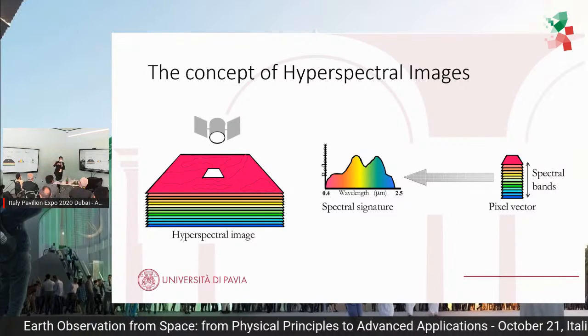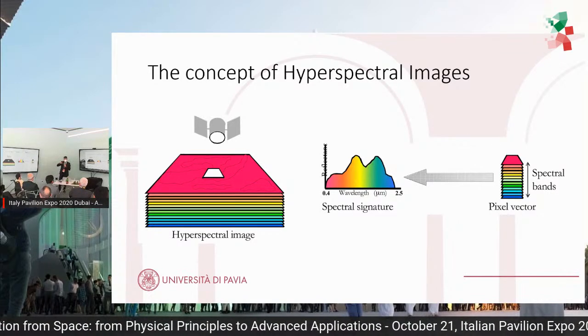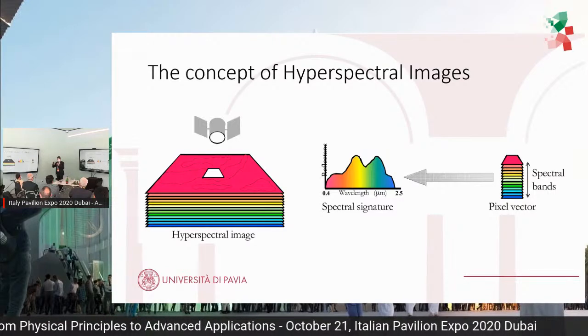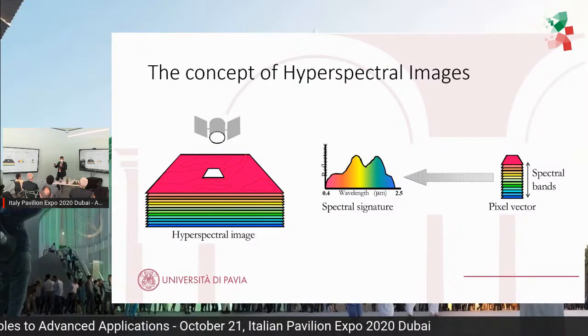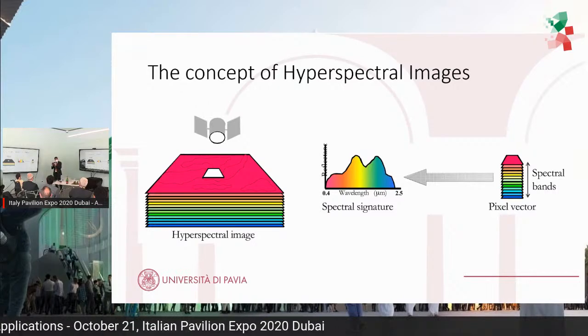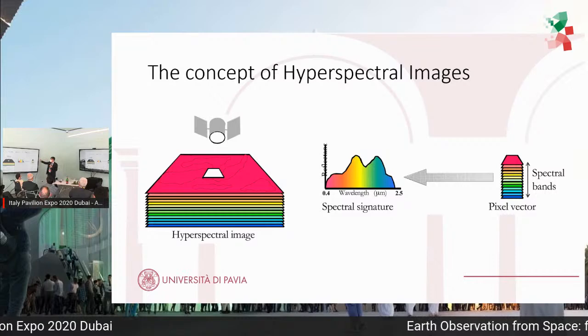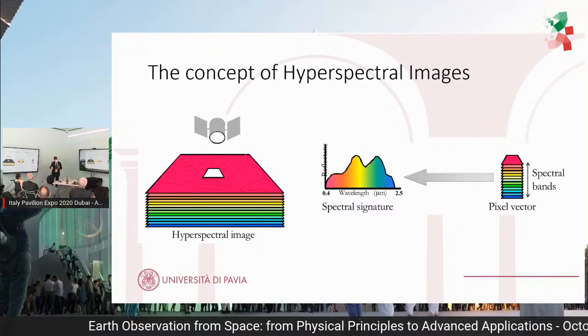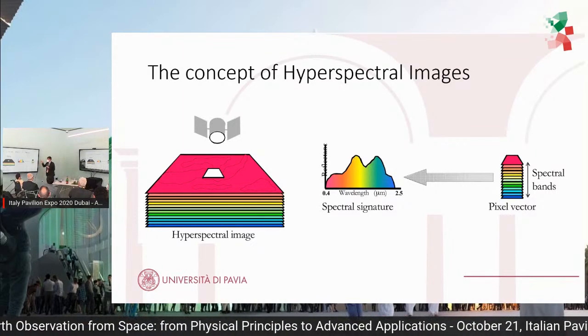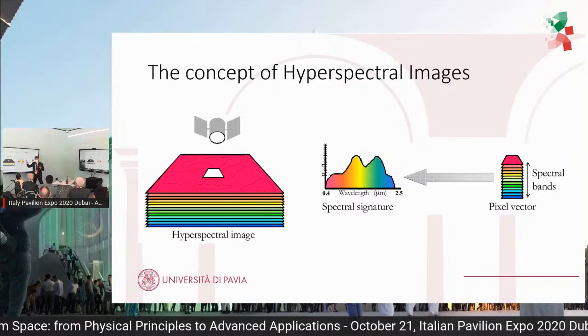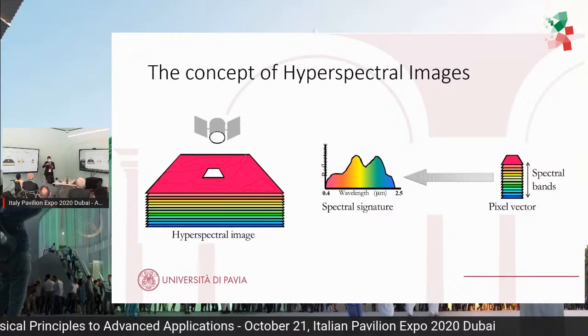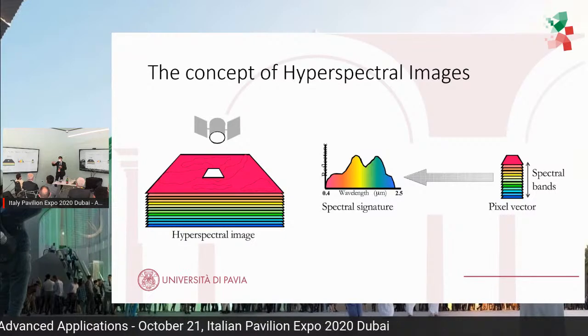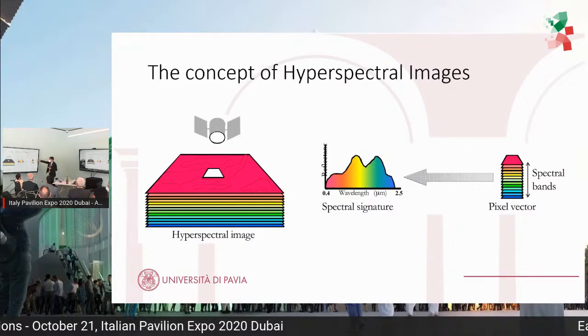The disadvantage is that, as I mentioned this morning as well, when we have the same quantity of energy and we take a lot of slices, each of these slices gets a smaller amount of energy. Therefore, the spatial resolution, so the area that you have on the ground for a hyperspectral sensor, is larger. So you don't get the same amount of details because you have to slice this energy.